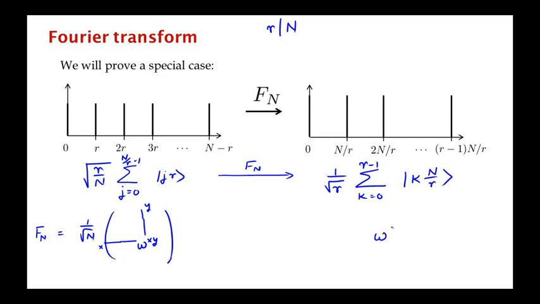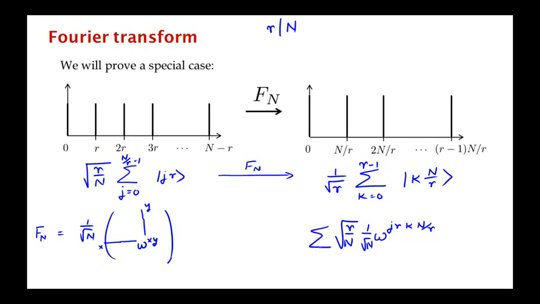Well, it gets omega to the power of j times R, which is in this case y, times omega to the x, which is times k times n over R. Okay, so that's this omega to the this, times the amplitude you started with, which is square root of R over n, and then times 1 over square root n.